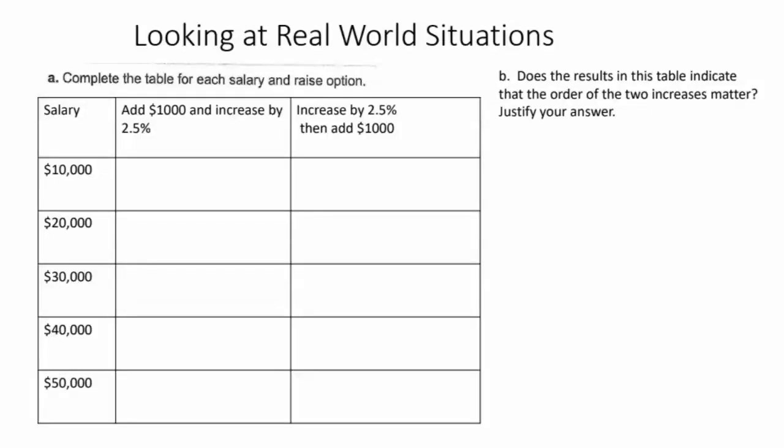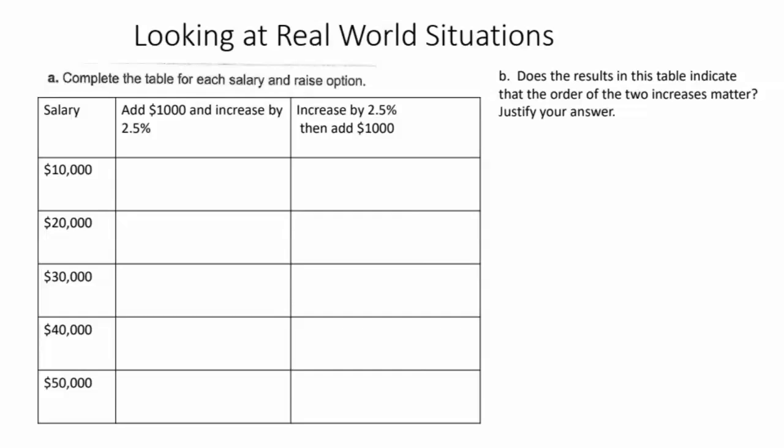Now, it says, looking at the real world situation, complete the table for each salary and raise option. Now, this particular story is going to be talking about 2 different options in negotiations for salary increases.